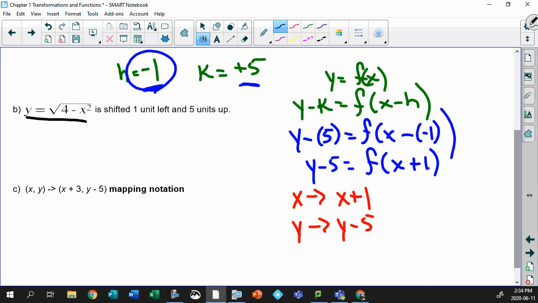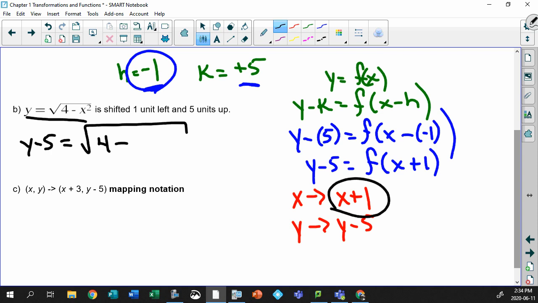So if you throw this in there, watch what happens then. This becomes y minus 5 equals the square root of 4 minus x plus 1. And don't forget that this has to be squared. Oh my goodness, this is going to be ugly, isn't it? Not really, because you know and I know that x plus 1 squared means x plus 1 times x plus 1.